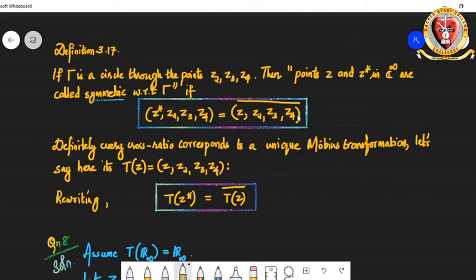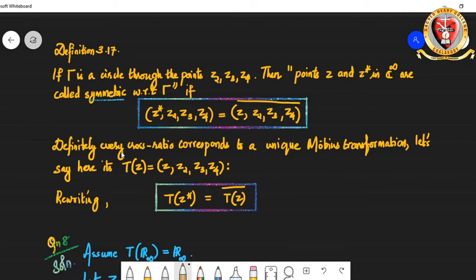So we have studied about the cross ratio while we were dealing with Mobius transformations in detail. So hopefully we know what the LHS and RHS stand for. And also we had seen that cross ratio is nothing but a particular case of Mobius transformation, and each cross ratio will correspond to a unique Mobius transformation.